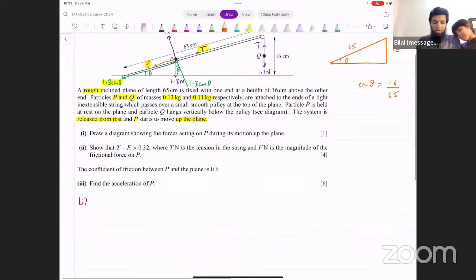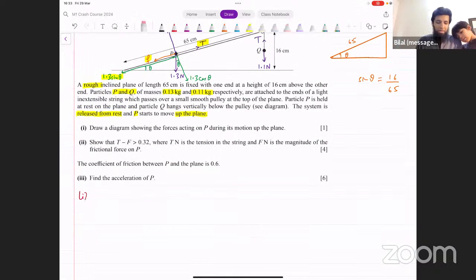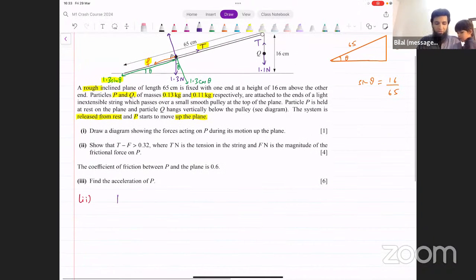Now, since the particle is moving up the plane, that means the forces acting up the plane, what are those forces? There's only one force, T. That should be greater than the forces acting down the plane. So we have friction and we have 1.3 sine theta.